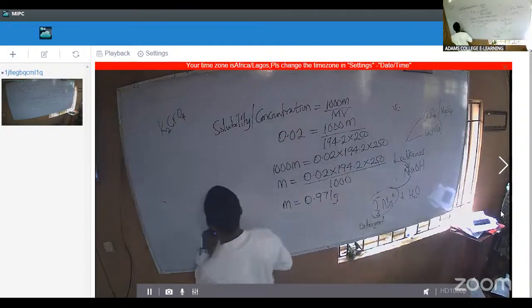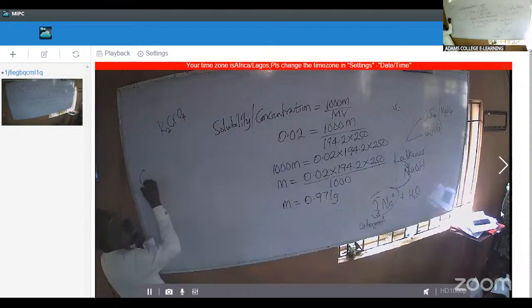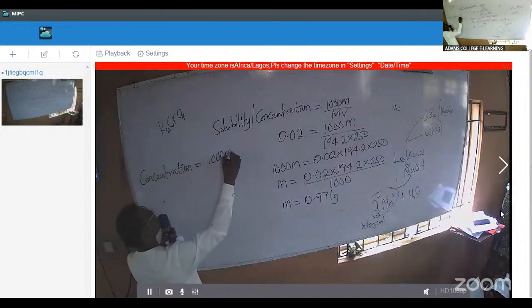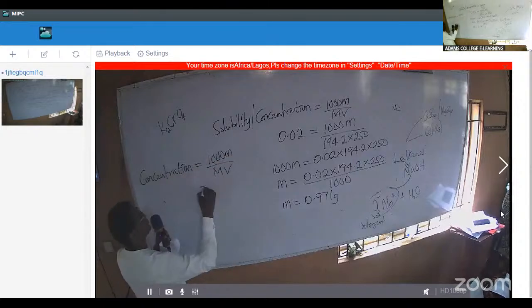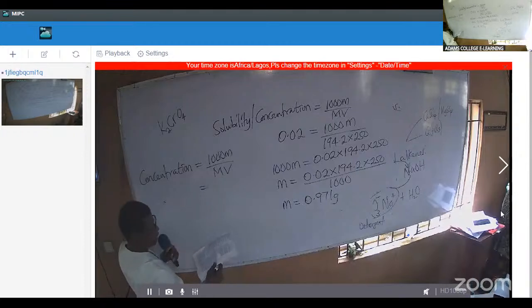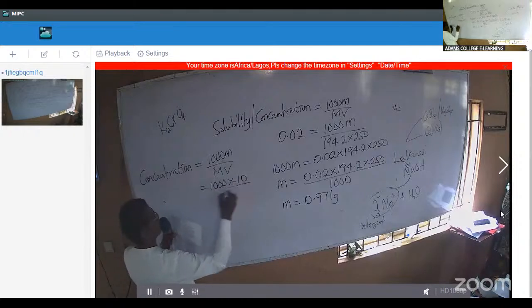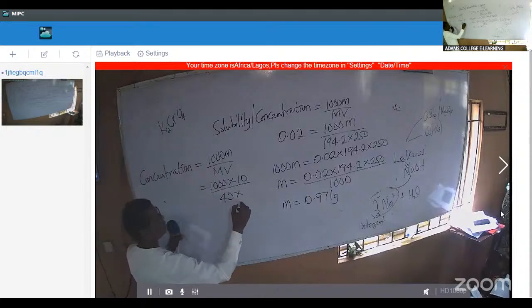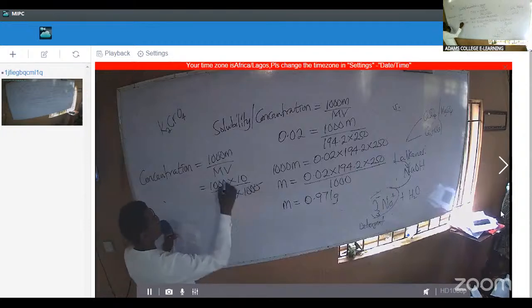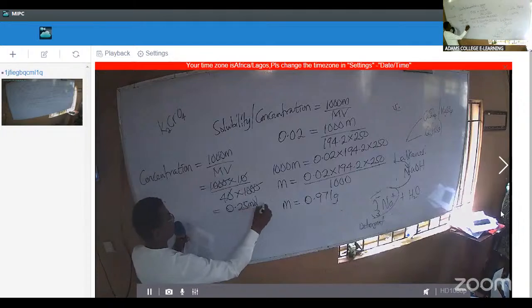Concentration and solubility are the same thing. Concentration or solubility is 1,000 m over MV. I'll give him mass. How much mass? I'll give him molar mass. How much? 40. Is it sodium hydroxide? What's the volume? 0.25 mole per dm cube.